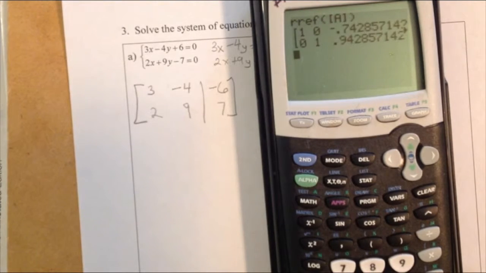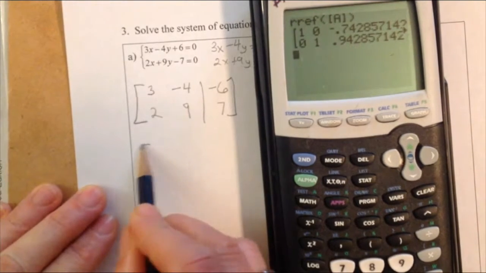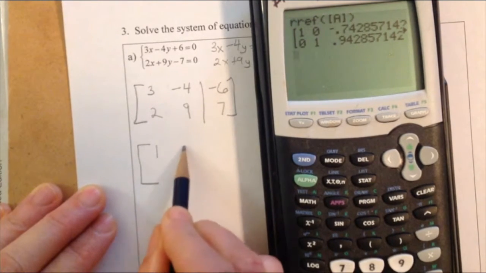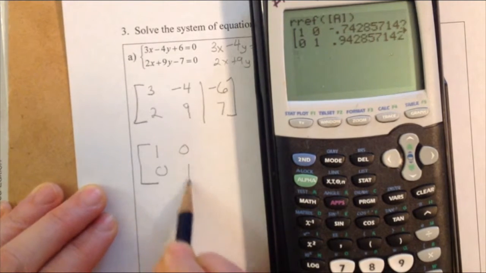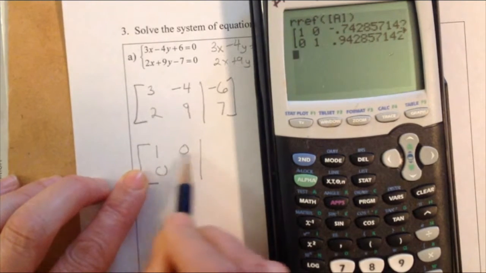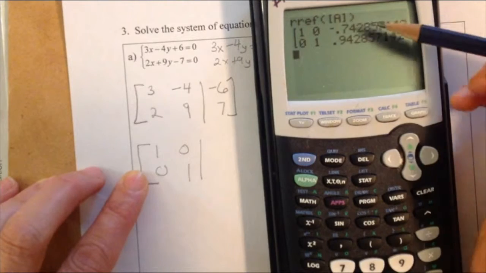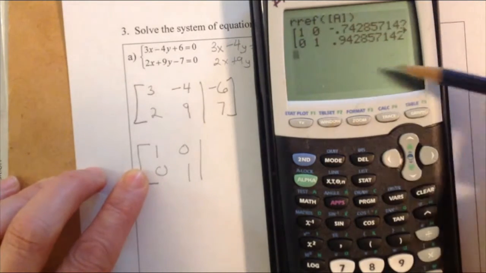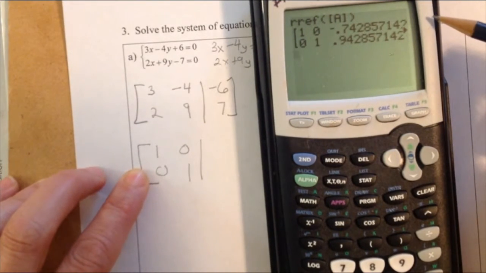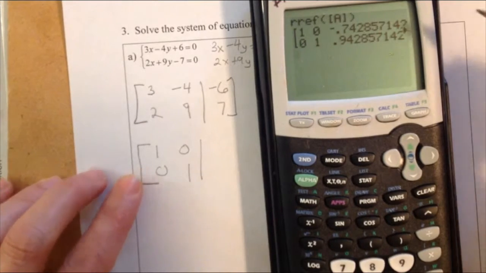And then hit enter. Okay, now you notice that it puts the row reduced echelon form to give us 1s across the diagonal and 0s everywhere else on the left side. And my other numbers here came out to be something not very pretty. Well, I picked this one on purpose to show us that we can get it into a nicer form.